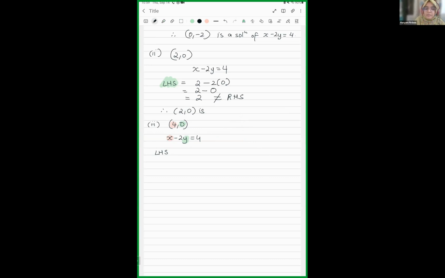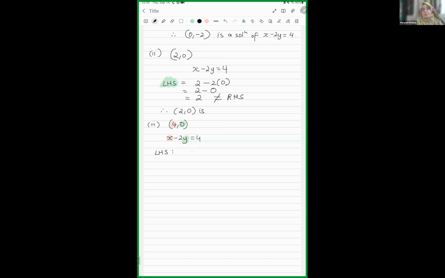Y coordinate, I mean, sorry, x. X coordinate, right? So it will be in the place of x. I have even done color coordination for you. So you put 4 in the x place and put 0 in y's place. So what will it become?